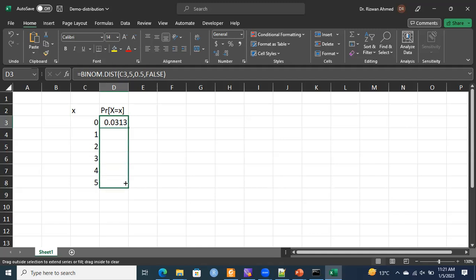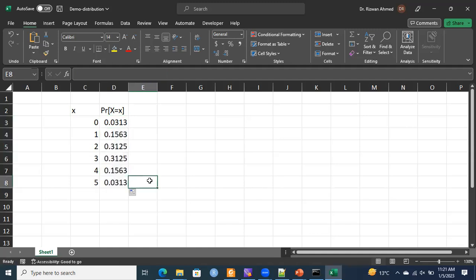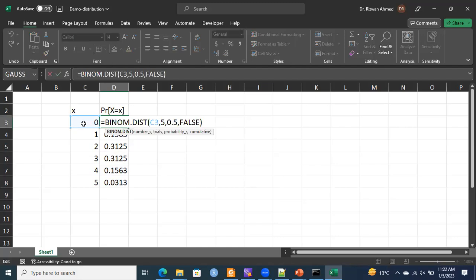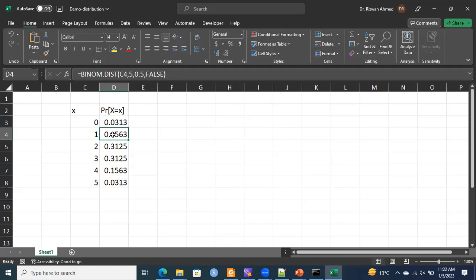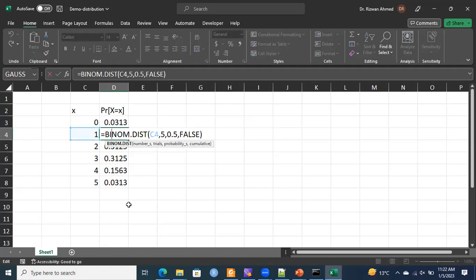And repeat this for all the cells. So it will pick up the corresponding value. Since this value was computed from the cell in X, the next value is computed from the corresponding cell.